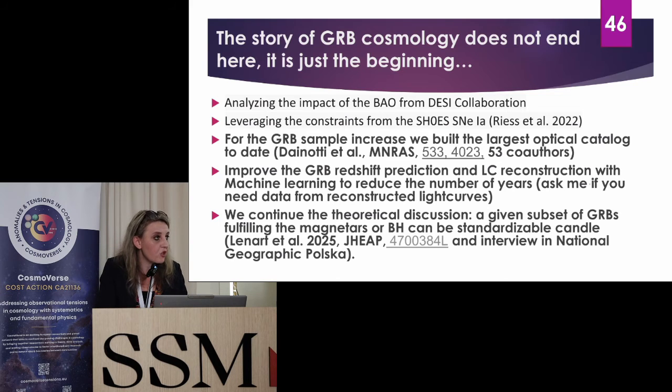I would say this is just the beginning, because we can also analyze the impact of BAO from the DESI collaboration. We can leverage the constraints from the Union3 supernovae analysis. We can add the Master sample analysis to all these analyses that I've shown here and understand what the impact will be on the errors. And as I said, we can improve the GRB redshift prediction with machine learning.